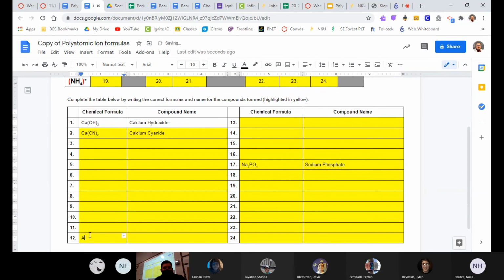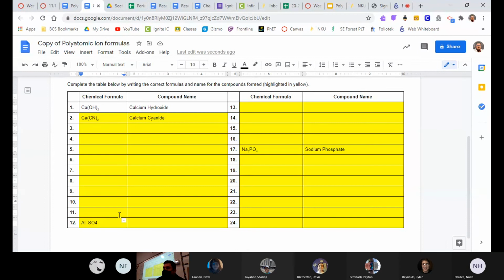I'm going to put Al and sulfate together. Al is +3. It's going to give 3 to the sulfate. So sulfate needs to get 3. So I'll put parentheses around sulfate because I want everything in there to get 3.